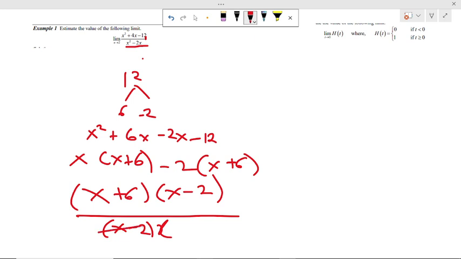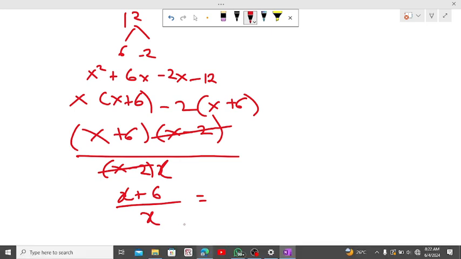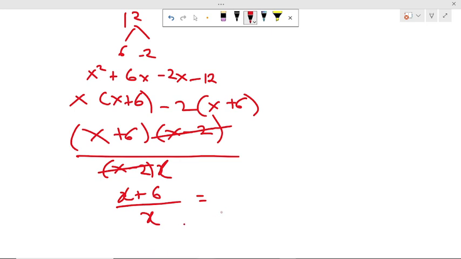So that means that this will cancel this. If they cancel, we are going to get our final expression to be x plus 6 divided by x. Now we can evaluate this function at 2 to find the limit as x approaches 2.